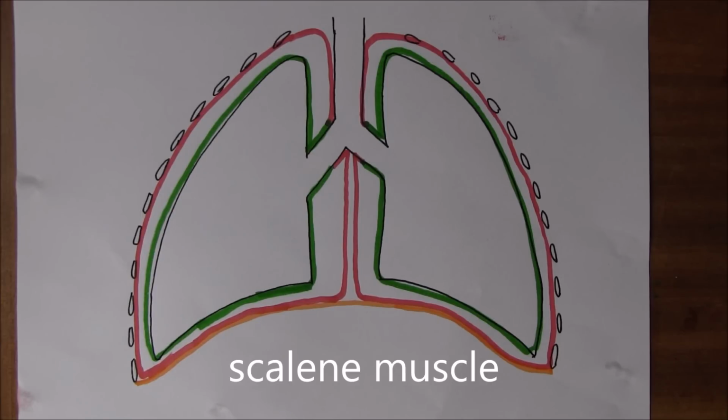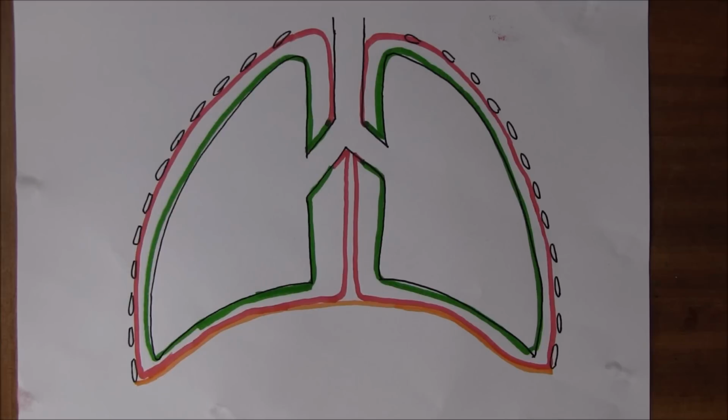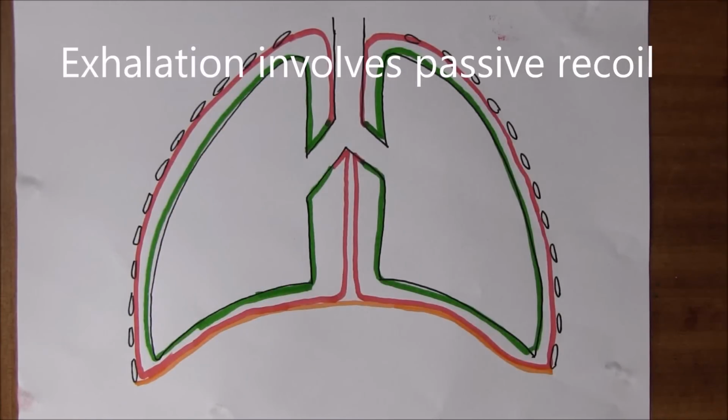There's the scalene muscle, which will pull up the first 2 ribs, and there's the pectoralis minor muscle, which will pull up the 3rd and the 5th ribs to increase the efficiency of the expansion of the thoracic cavity during vigorous exercise.